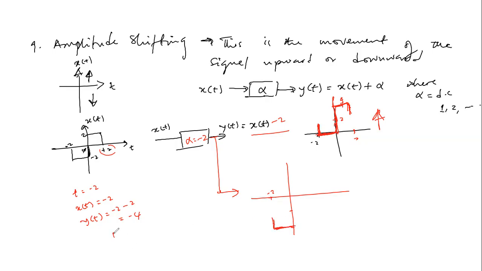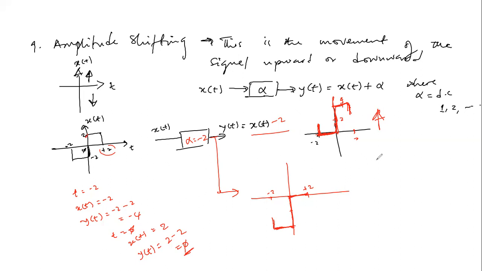Then at t equal to 0, S of t is equal to 2, such that y of t is the same as 2 minus 2, which is equal to 0. So the amplitude goes to 0.